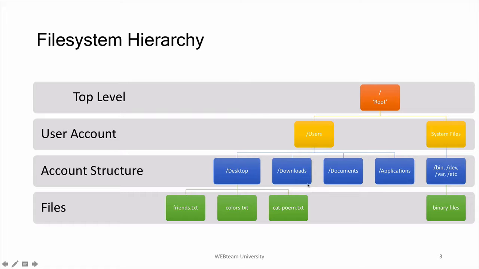But it's important to visually see that if we are in desktop, we cannot jump across to downloads or jump across into documents. We'd have to go to the users directory before we can go into any of these folders that you see here. So that's an important concept to understand.